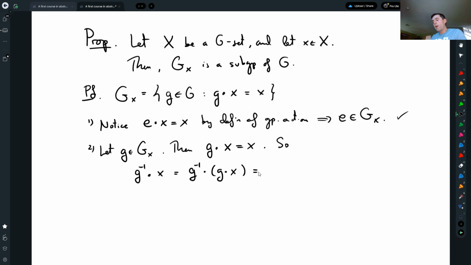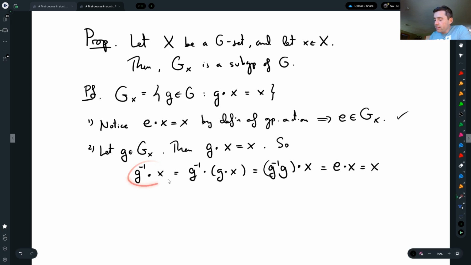And now because it is a group action, the action is associative, so this is g inverse g acting on x, and g inverse g is the identity acting on x, which is x because it is a group action. And therefore g inverse fixes x, and hence g inverse is also in the stabilizer. Great, so the stabilizer is closed under inversion.